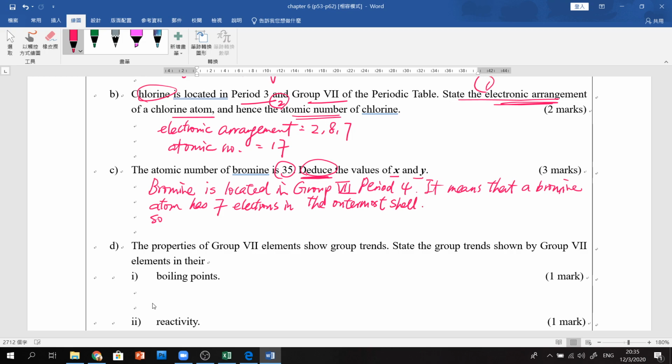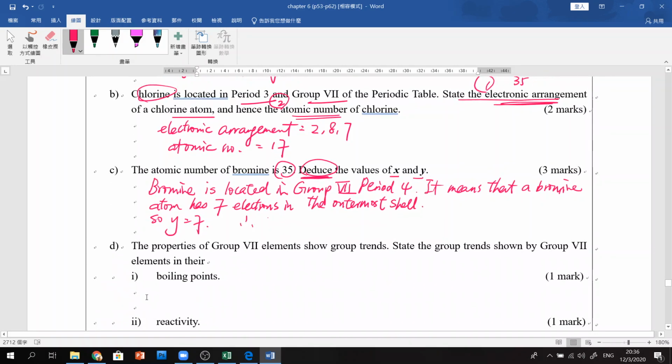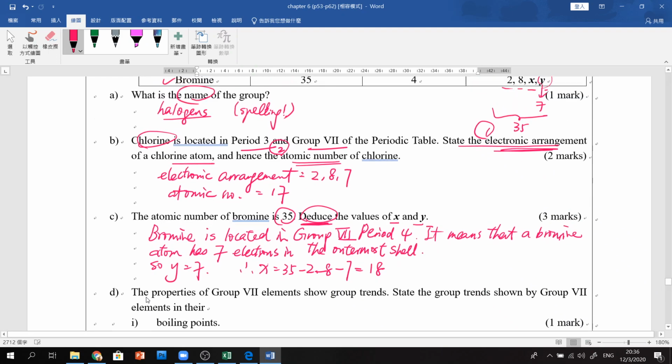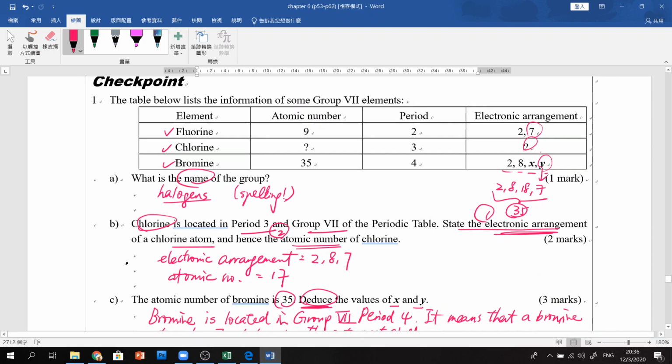Which means that Y is equal to 7. Together with X, what will we get? Altogether, there's 35, so X is calculated as a subtraction of those numbers: 35 minus 2 minus 8 minus 7. So here comes 18. So here comes the electronic arrangement of bromine, 2, 8, 18, 7. Altogether 35 atomic number, right?